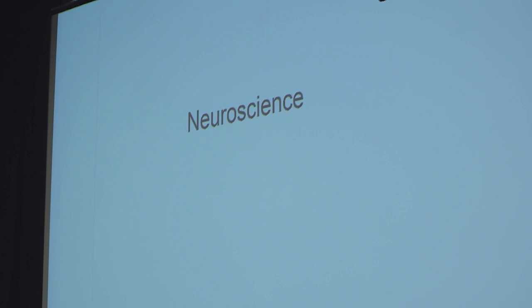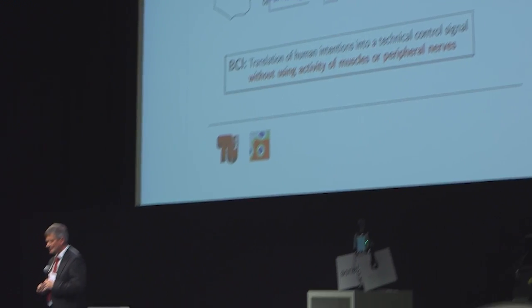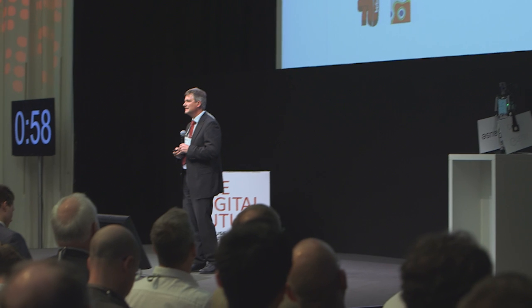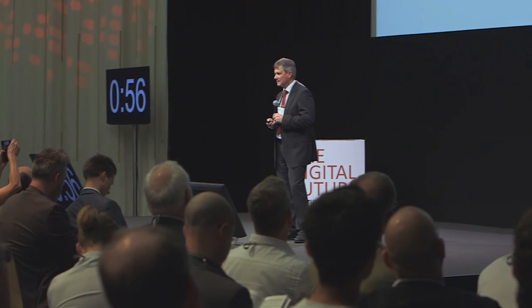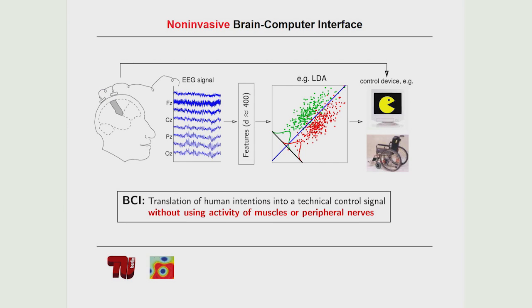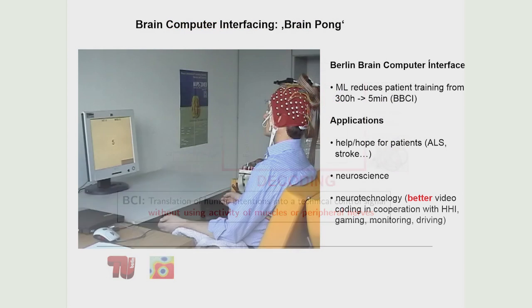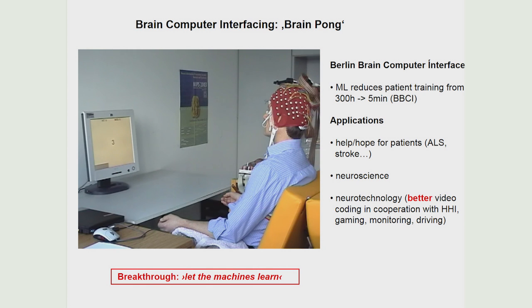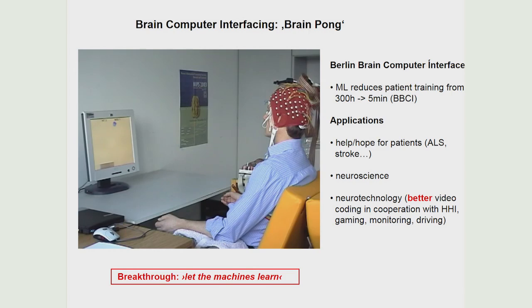And for the last minute, I would like to show you an application in neuroscience. Here we decode brain signals measured with EEG and translate them via machine learning into control signals. The machine learning does the decoding. So here you see a guy wearing an EEG cap. Signals are measured online, and the machine learning allows us to decode the human intentions in real time.